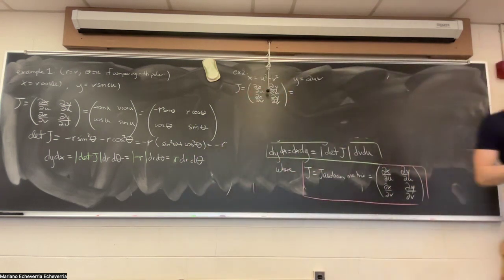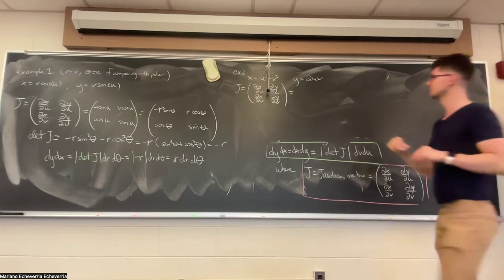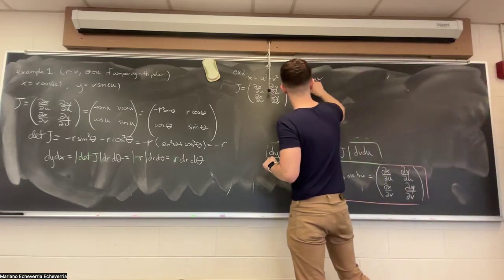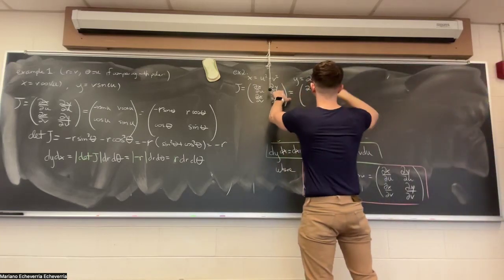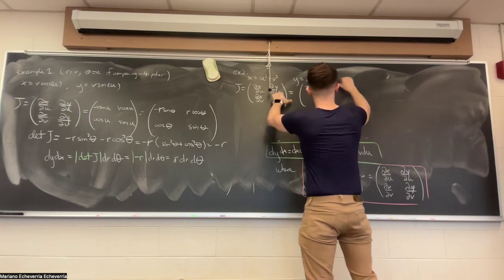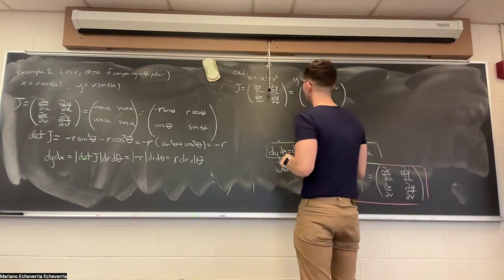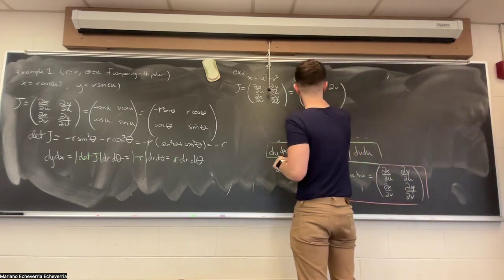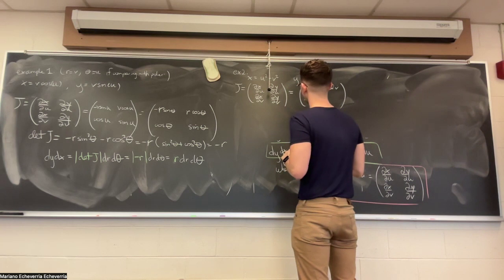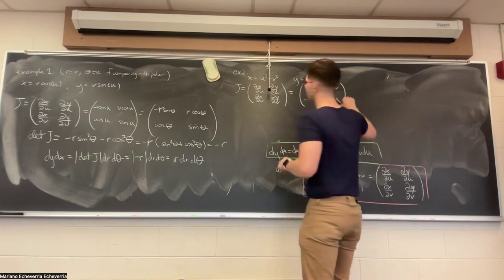Okay. So what is the derivative of x with respect to u? That's 2u. Derivative of y with respect to u, that's 2v, right? Derivative of x with respect to v is negative 2v, right? And derivative of y with respect to v, that's 2u, right?